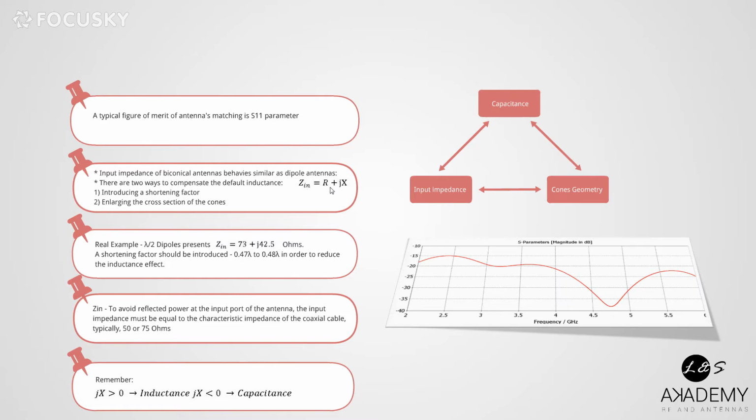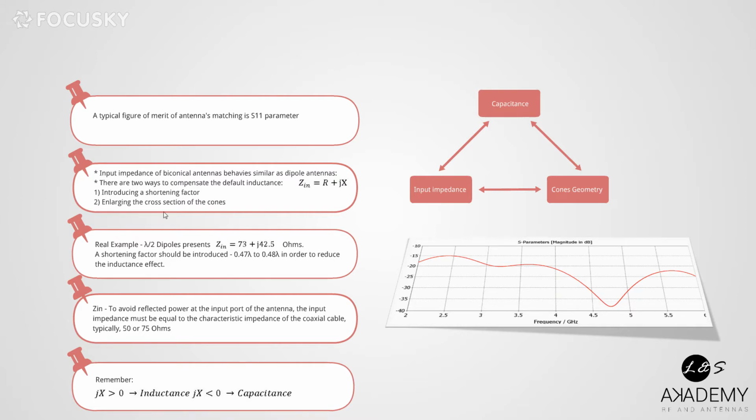We have a real part and then an imaginary part, which is the reactance part, the reactance effect, which could be an inductance effect or a capacitance effect, depending on the sign.